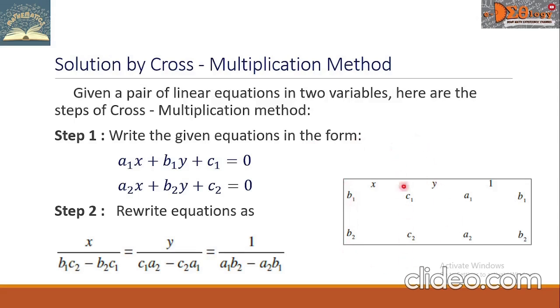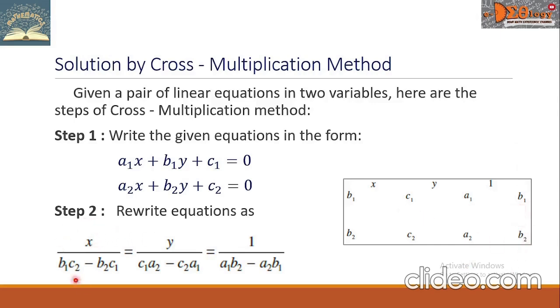This is the column for the constants, c sub 1, c sub 2. This is the column for a, the coefficients of x. So we have a sub 1, a sub 2. Another column for b, the coefficients of y. So b sub 1, b sub 2.